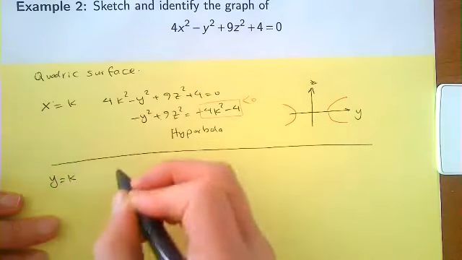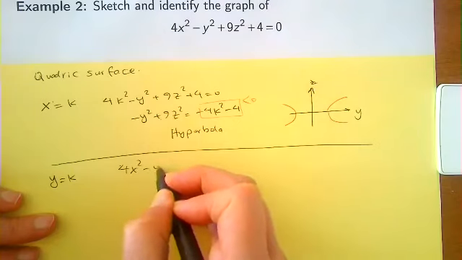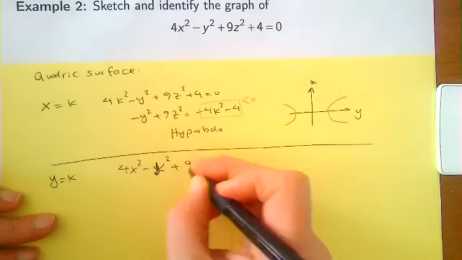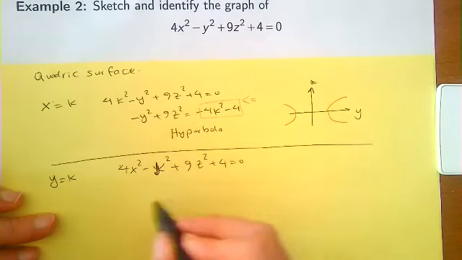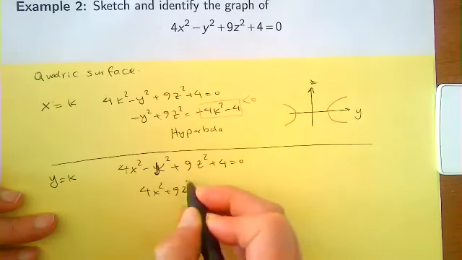y equal to k. And here I will have 4x squared minus k squared plus 9z squared plus 4 equal to 0. Again, variables all on one side.